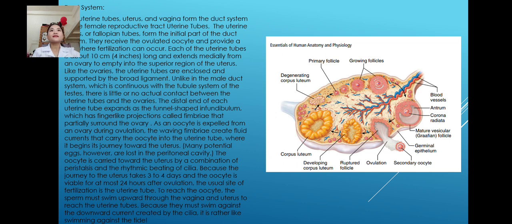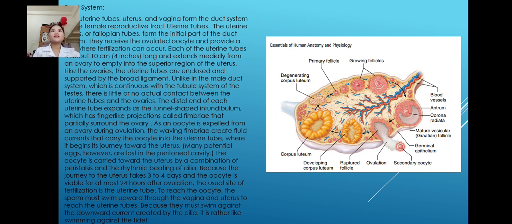Unlike in the male duct system, which is continuous with the tubule system of the testes, there is little or no actual contact between the uterine tubes and the ovaries. The distal end of each uterine tube expands as a funnel shape, the infundibulum, which has finger-like projections called fimbriae that partially surround the ovary.